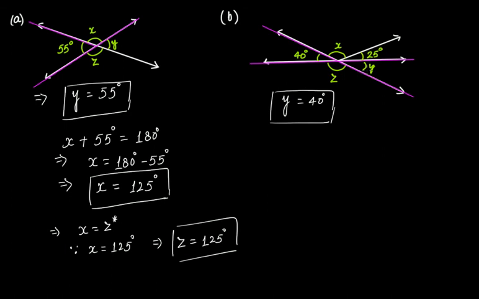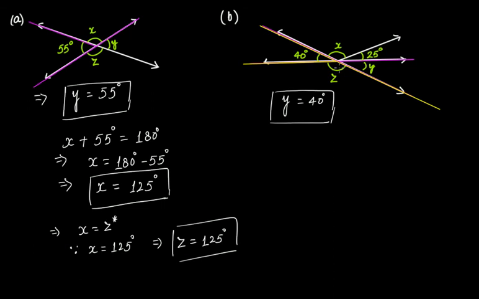So how to solve them? Very simple. Let me show you how. What you have to do is focus on this line, and again this line, same lines, this and this. Can you see that? This is a straight line being intersected by this one. 40 degree and z are actually a linear pair.